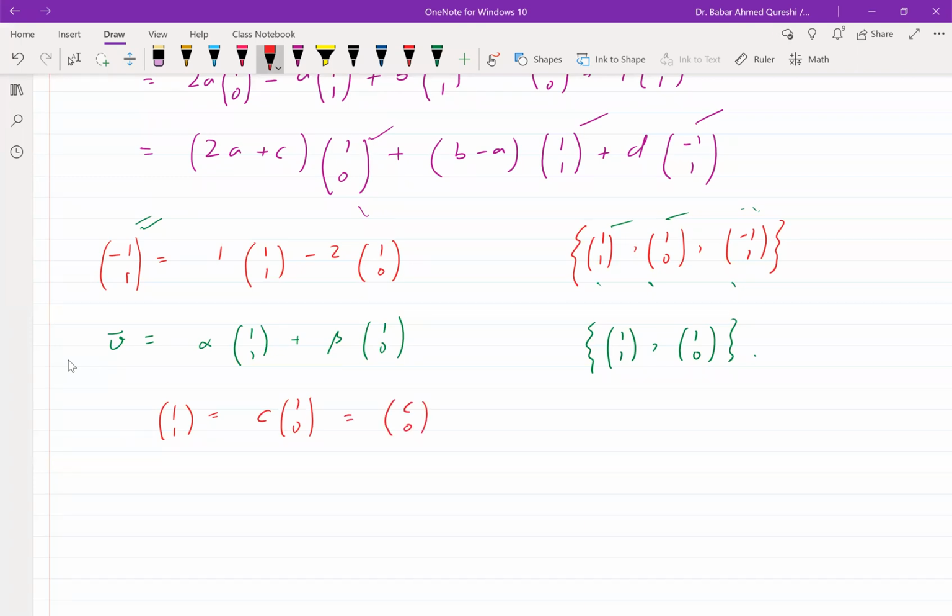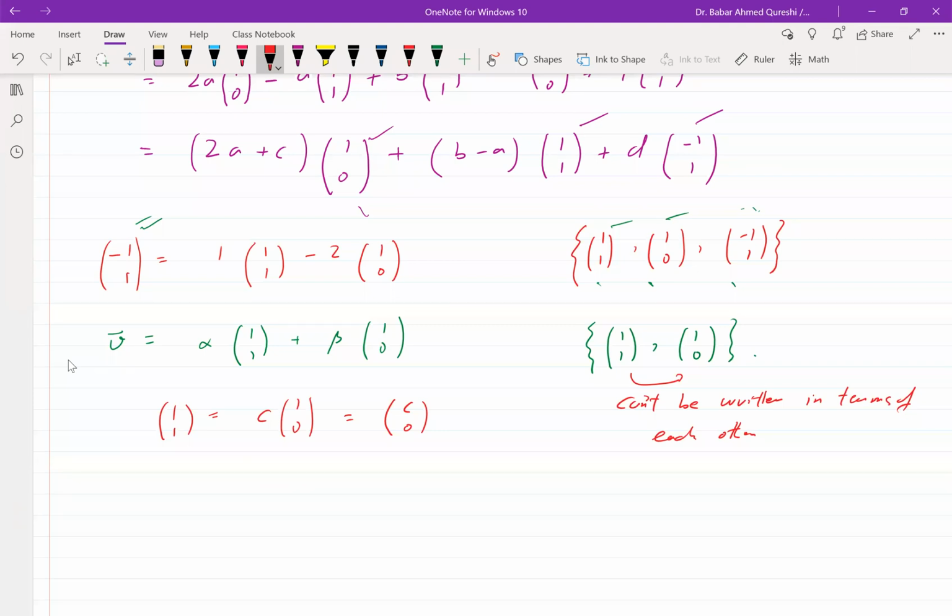I will never be able to change this 0 right here. Similarly, the other way around. So one of them cannot be written in terms of the other. So you say that they are independent vectors. One cannot be written in terms of the other.